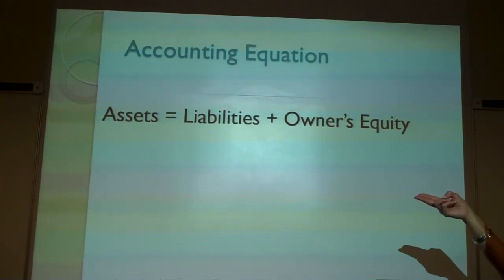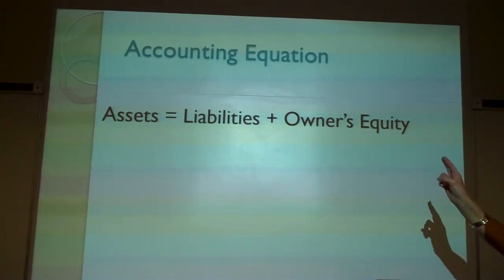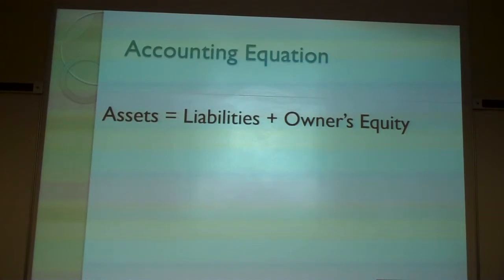What did we call that? A shift in assets. When we had cash and supplies, cash went down, supplies went up. And remember, when we buy something, we're putting it into the asset account. We're not going to use supplies expense until we get ready to make some adjustments, and that's several chapters from now.